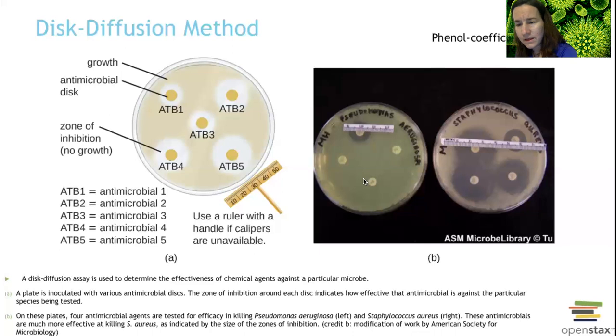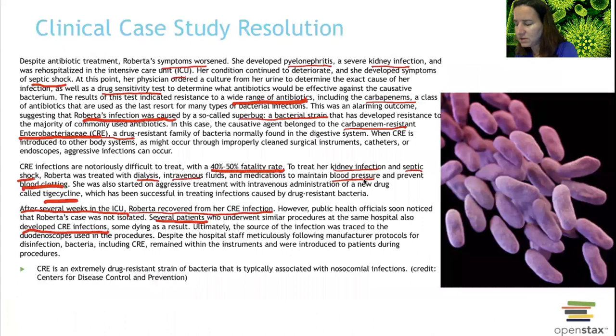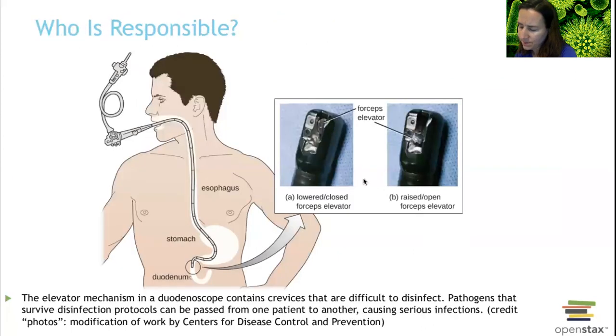But then they're like, hold up, somebody else has got the same thing going on. Several patients have started to develop CRE infections. And you know what? They're all at the same hospital, and they all had the same procedure. It's got to be something there. So it turns out that it was the instrument, the duodenoscope.